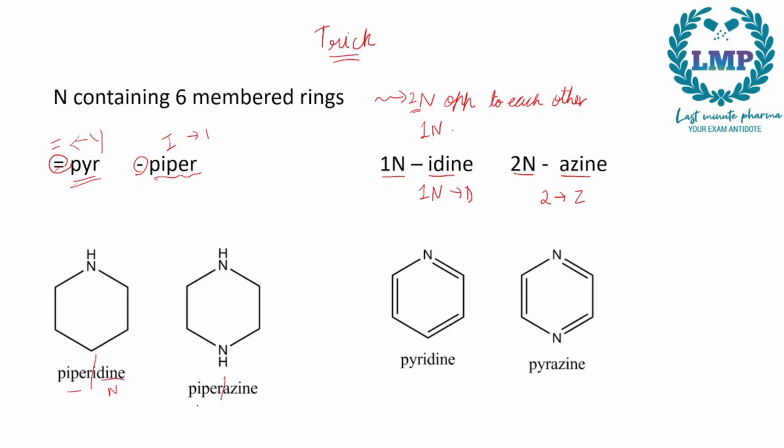Piperazine: a single bond in all the structure, and azine as in there are two nitrogens. Pyridine: it has double bonds, and idine as in it has one nitrogen. Pyrazine: double bonds, azine, two nitrogens.